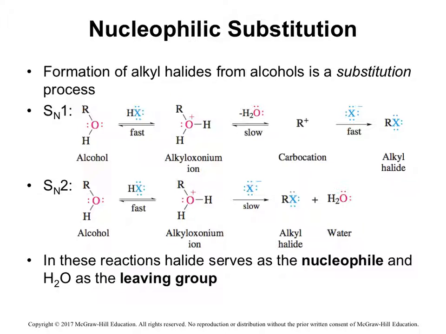Alkyl means it's got an R group on it. This is an oxonium ion. In Sn1, the water leaves first to make the carbocation, and then quickly the X, because so far we've only seen halogens be a nucleophile, would come in and smack the carbocation to make your alkyl halide. In Sn2 reactions, from the alkyl oxonium ion, you have this coming in for a backside attack as the water was leaving to make your alkyl halide.